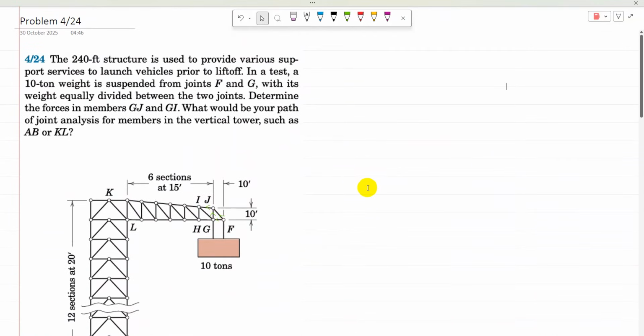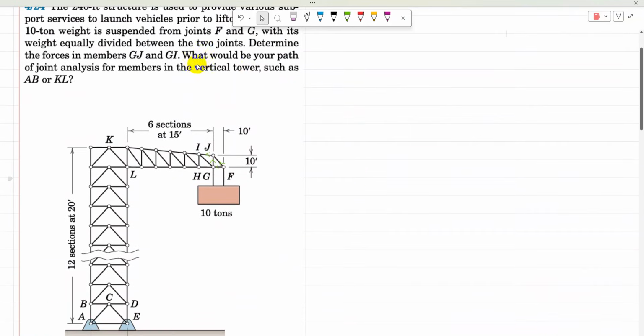So the next question is, what would be your path to joint analysis for members in the vertical tower such as AB or KL? So for KL, it is possible to pass a section first. But that section contains 1, 2, 3, 4 unknowns.